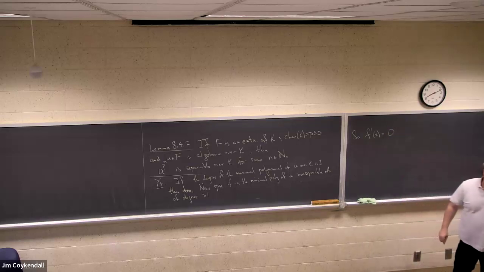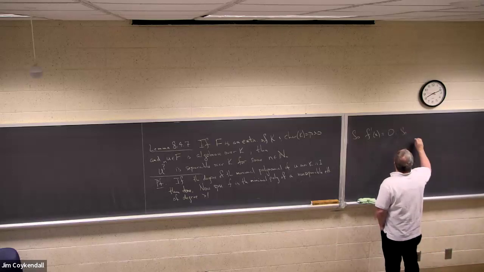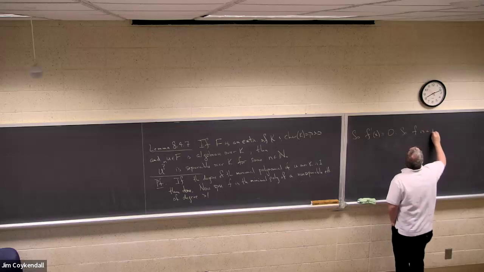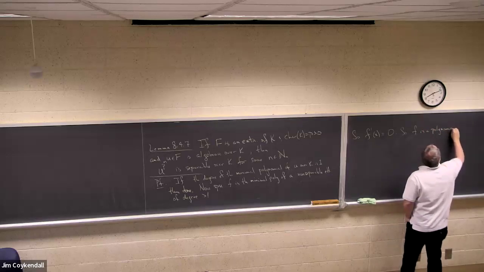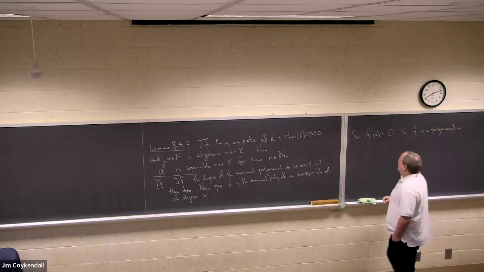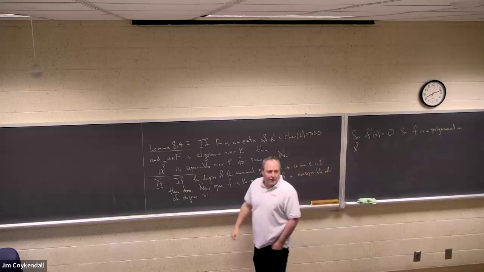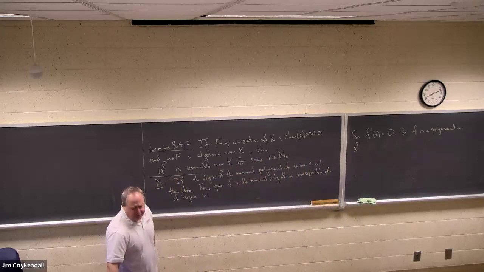This must be zero. That's super convenient. So as we've observed before, f is a polynomial in x to the p, right?